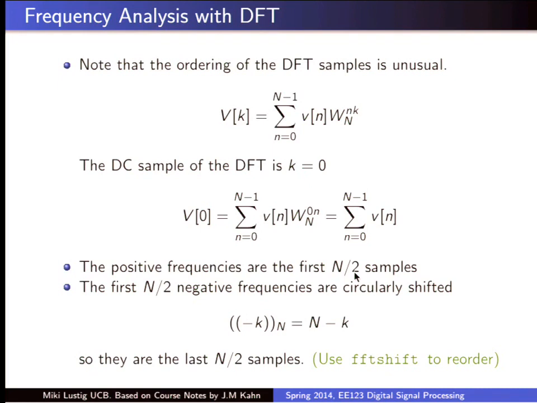One of the reasons they did this is that for real signals we're often only interested in half of the spectrum anyway. So you compute the DFT and just display the first half. That's enough. You don't need to display the second half, and that's why originally it was done.